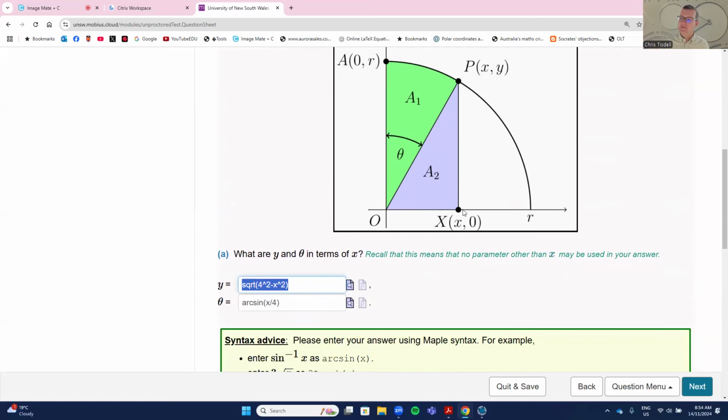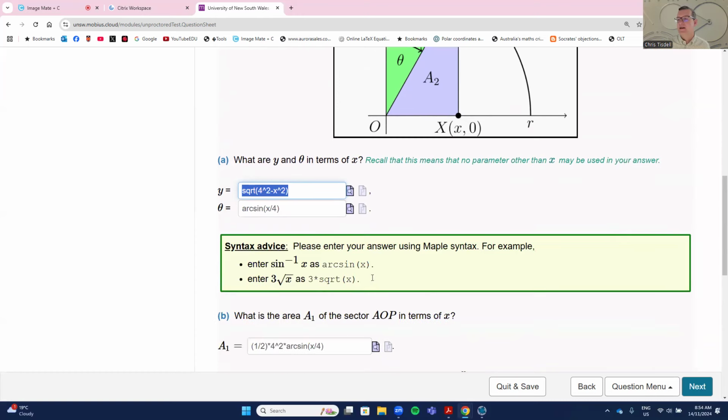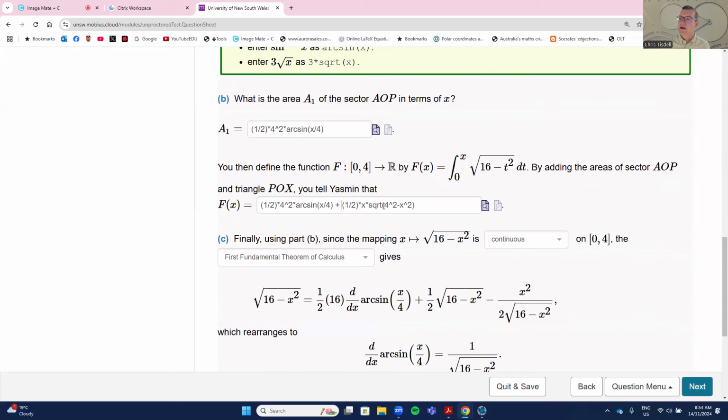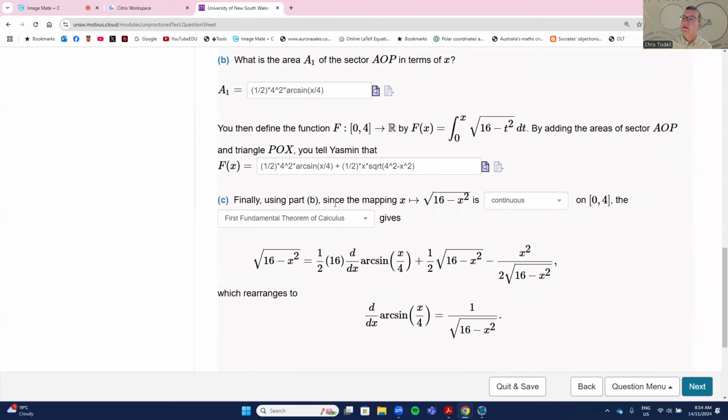So it's half the base times the perpendicular height. That's where the second part comes from. All right, part C. Finally, using part B, they're basically asking you to differentiate capital F.